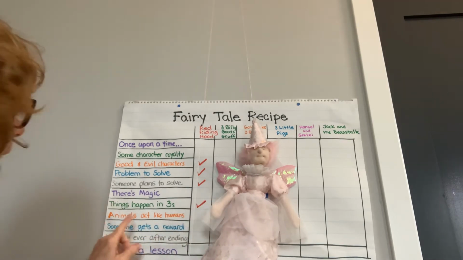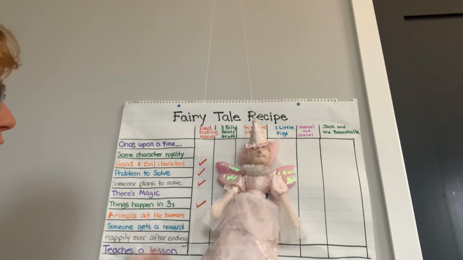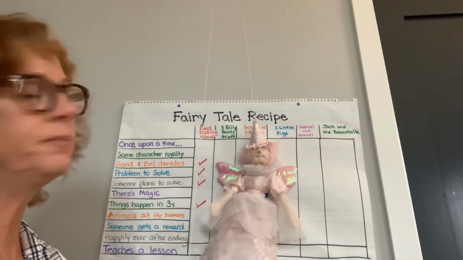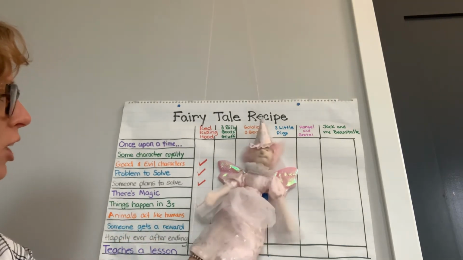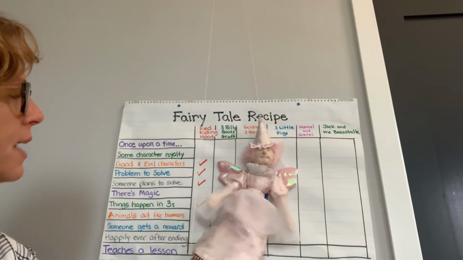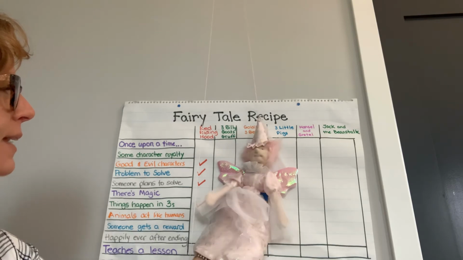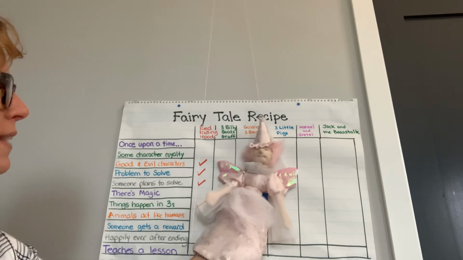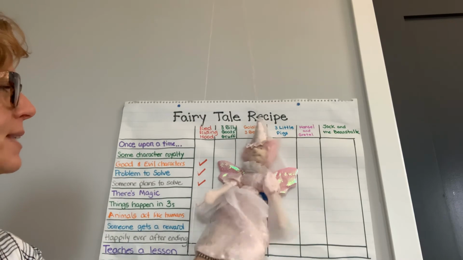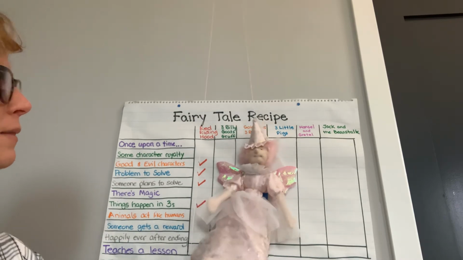The next one, animals act like humans. What do you think, Sparkle? Oh, definitely. The wolf acts like a human. He talks and he's sneaky and he tries to sneak and trick Little Red Riding Hood and then he eats Grandma. Oh yeah, he acts like a human, an evil human.